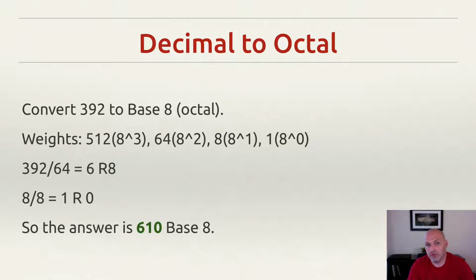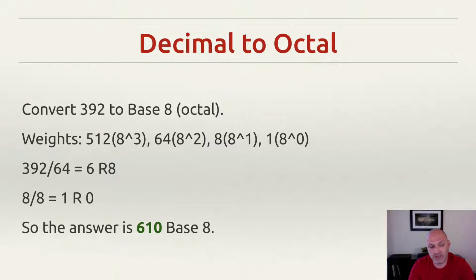Let's now see how to do the reverse and go from decimal to octal. So if we start with 392 in base 10 and we want to go to base 8, we would have to examine our weights and see once again what is the largest weight that we can use to divide into the number without being larger than. The answer here is 64, since 512 is larger than the number.